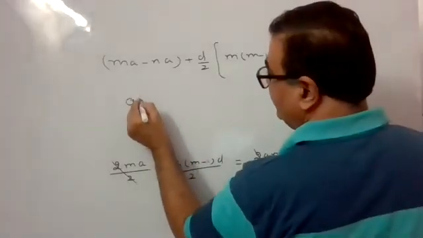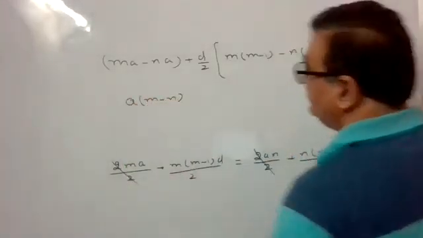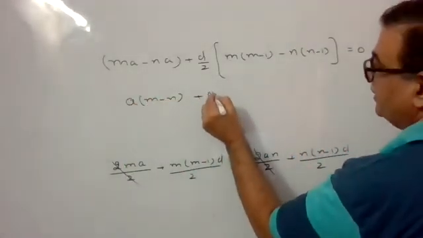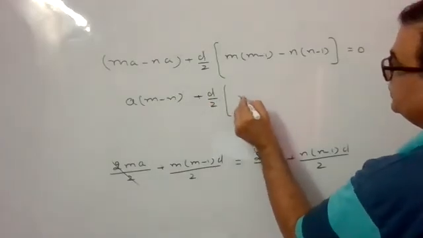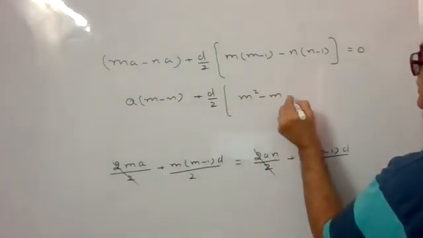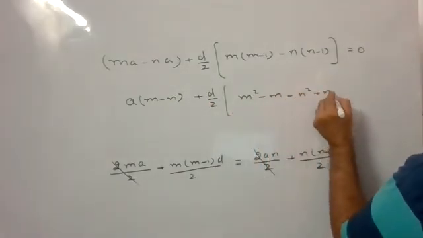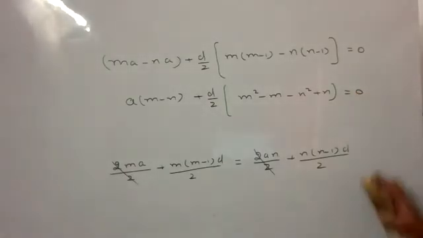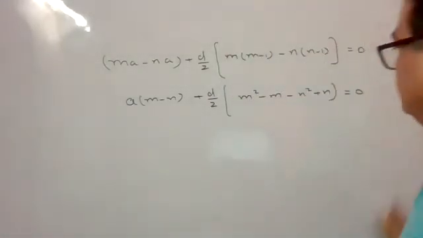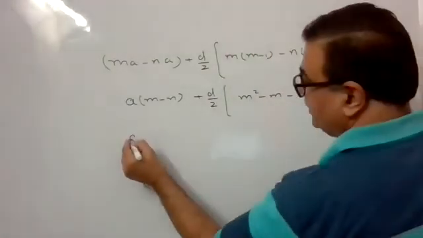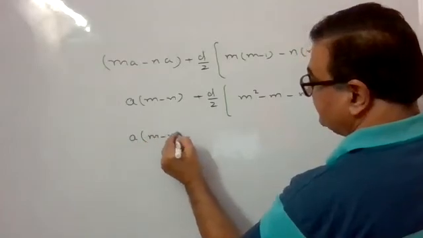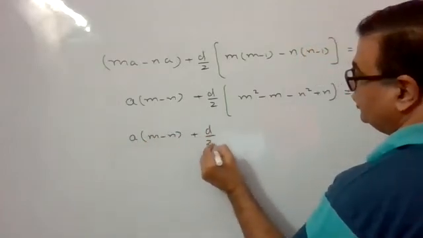Then we will write a times (m minus n). Here it will come out to be d by 2, (m square minus m minus n square plus n), coming 0. Then comes out to be a(m minus n) plus d by 2.